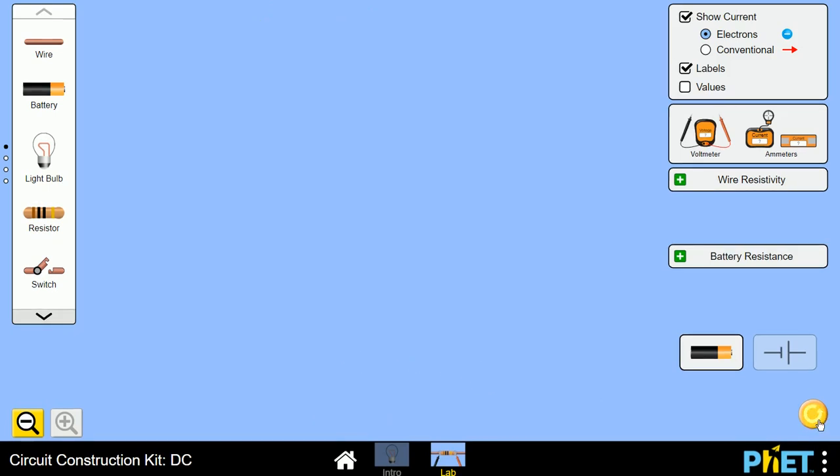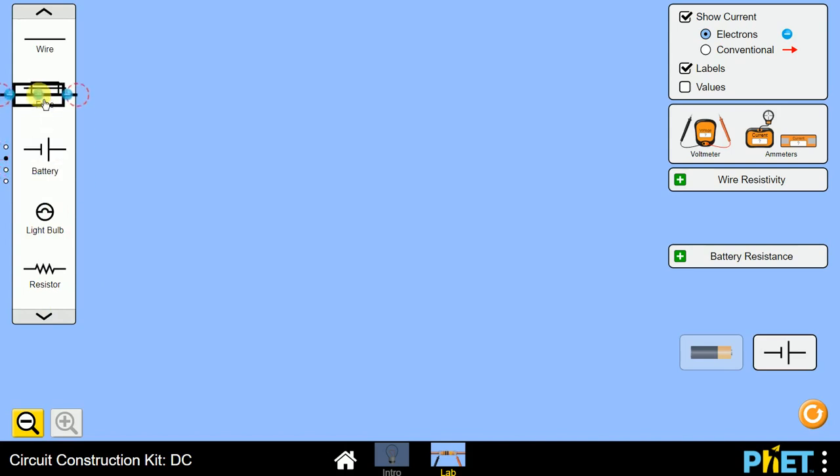ठीक है, ओके। So firstly, these are the symbols that we use, right? Resistor, light bulb, battery, fuse, है ना, and then wire, battery. These all are the things that we use. ठीक है, the first thing which I take is a battery.